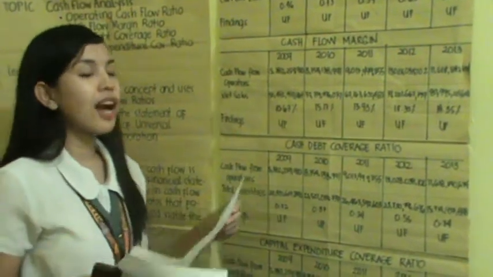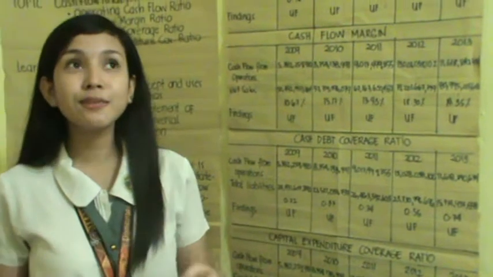Last is the capital expenditure coverage ratio. This measures the company's ability to acquire long-term assets using the free cash flow. And this ratio often fluctuates as businesses go through the cycle of large and small capital expenditures.